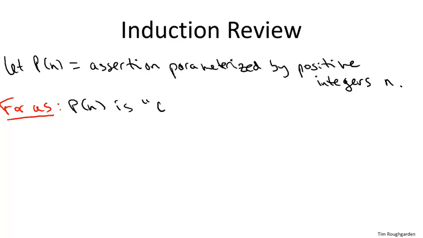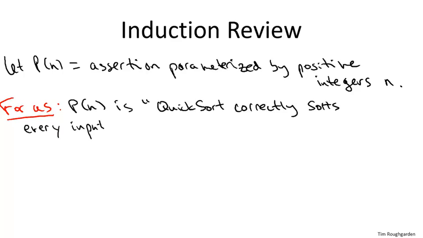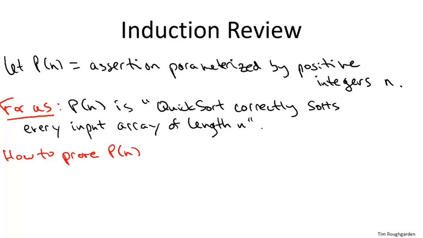So for us, the assertion P of n is the statement that quicksort is always correct on inputs of length n, arrays that have n elements. So an induction proof has two parts. The first part is a base case, and the second part is an inductive step.